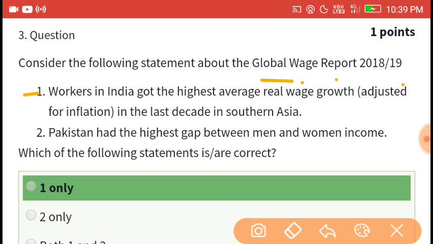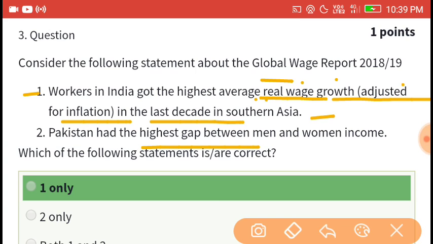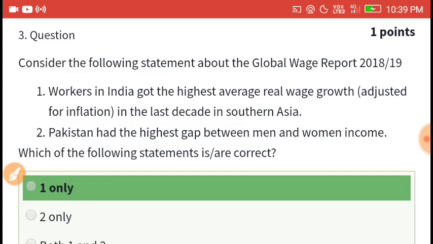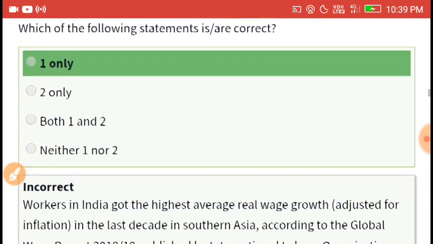Workers in India got the highest average real wage growth adjusted for inflation in the last decade in South Asia. Pakistan had the highest gap between men and women income. No, it is incorrect. So which is correct? Only one is correct.